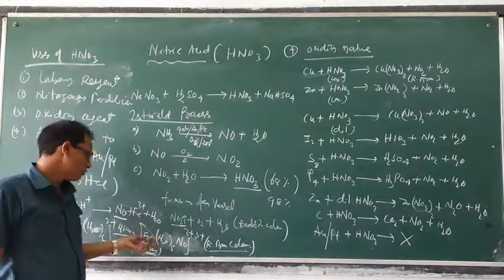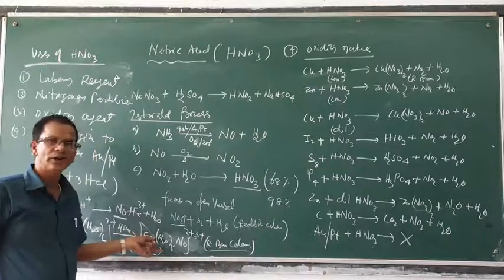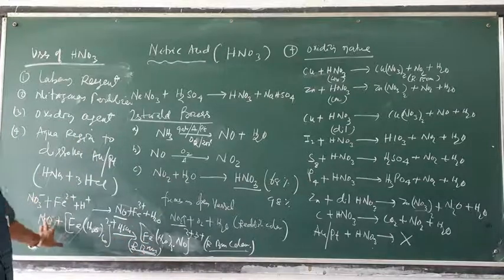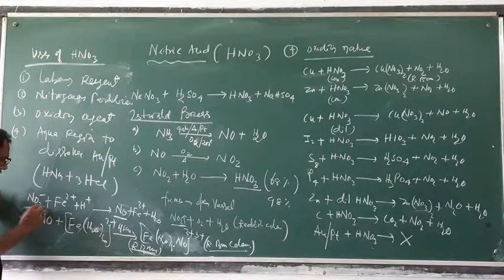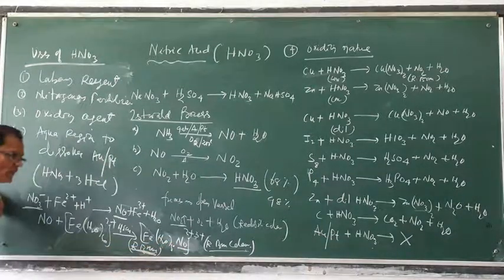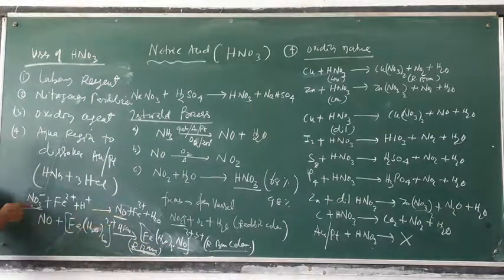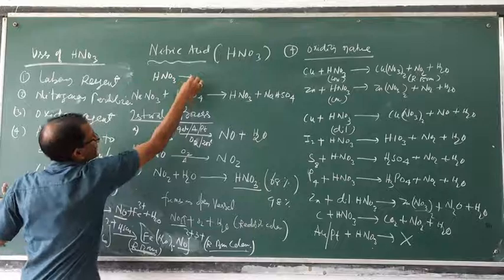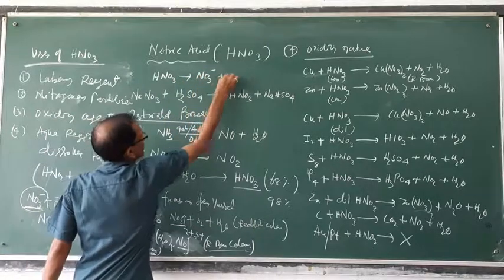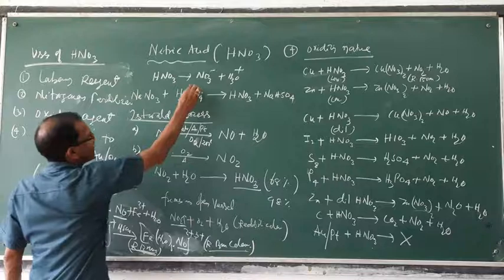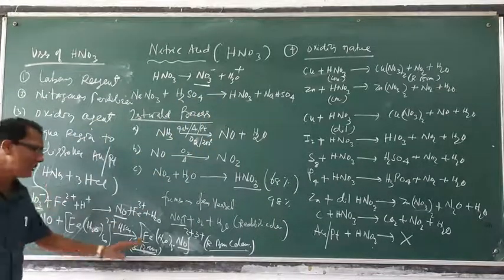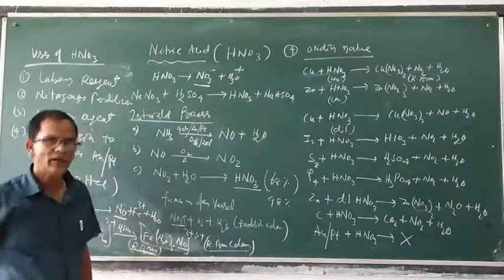So the final result of reddish brown color indicates the solution contains nitrate, because the nitrate ion produces nitric oxide. The solution contains nitrate ion because nitric acid contains nitrate ion and hydronium ion. That's why nitrate ion can be tested chemically by the brown ring test, the formation of reddish brown color. Okay, thank you.